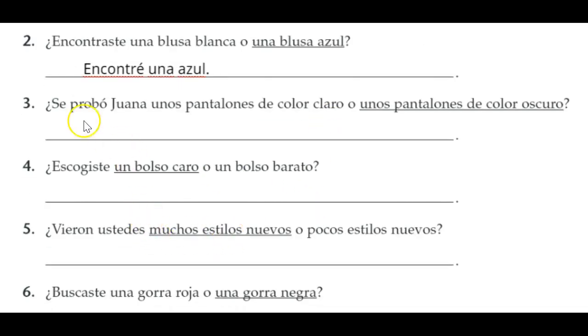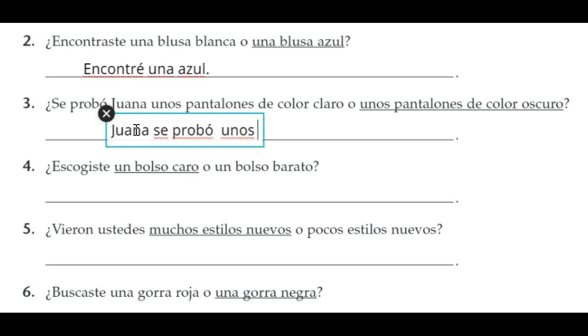Okay, number 3. ¿Se probó Juana unos pantalones de color claro o unos pantalones de color oscuro? Did Juana try on light color pants or dark color pants? So we want to say that she tried on. Se probó. We copy the verb there. Se probó unos pantalones.